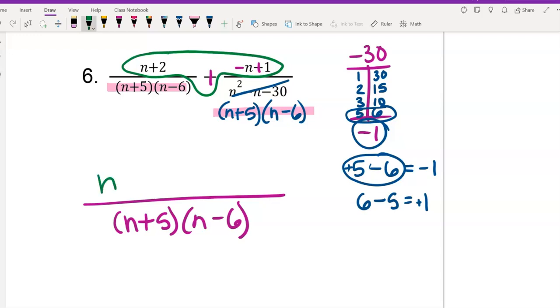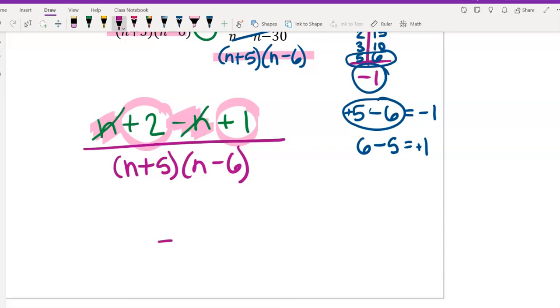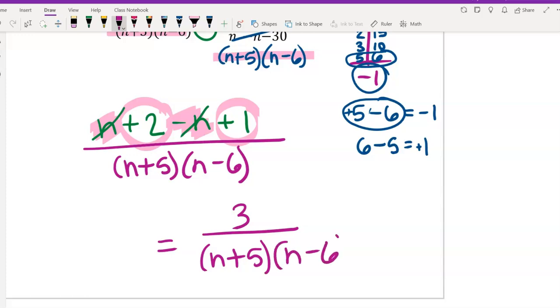So we have n plus 2 minus n plus 1. All right, so first let's go ahead and combine n minus n. How many n's are left? No more n's. Now we have 2 plus 1. 2 plus 1 is 3. So our answer here is 3 over n plus 5 and n minus 6.